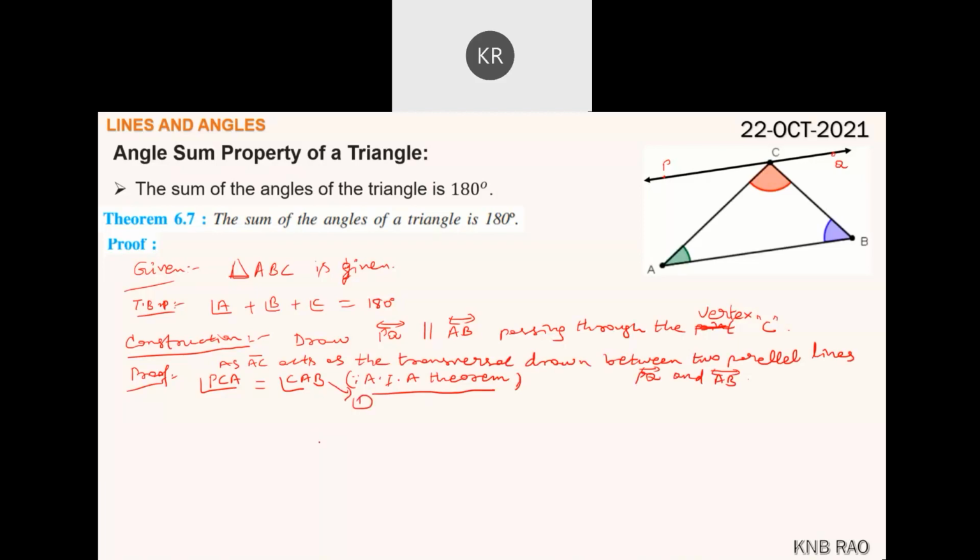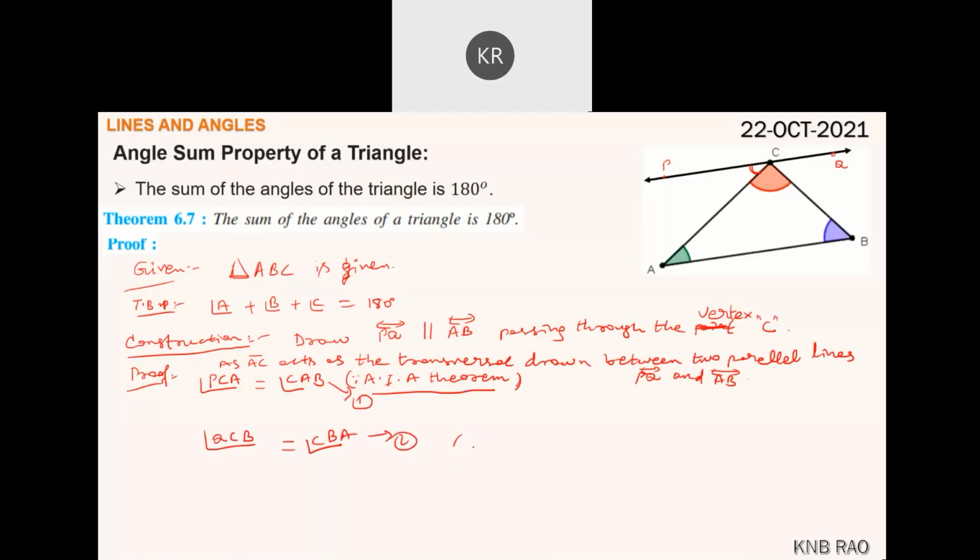Now can you tell me the other? Sir, angle QCB equals angle CBA. Very good. Angle QCB is equal to angle CBA. This is equation 2.